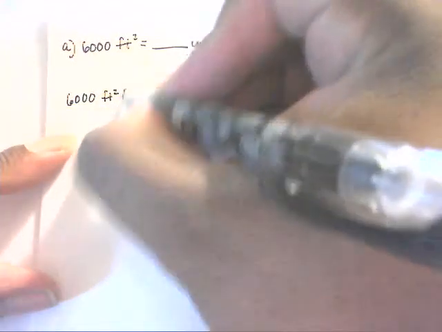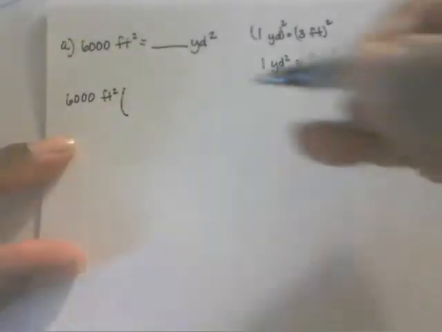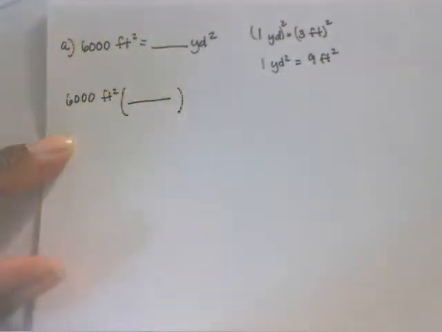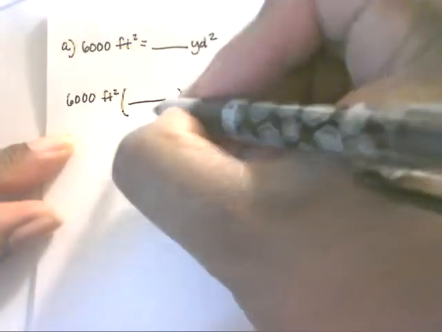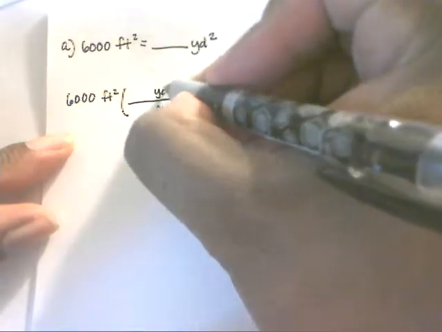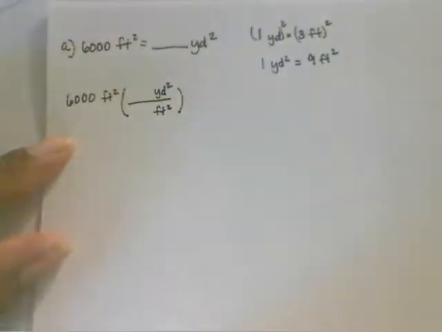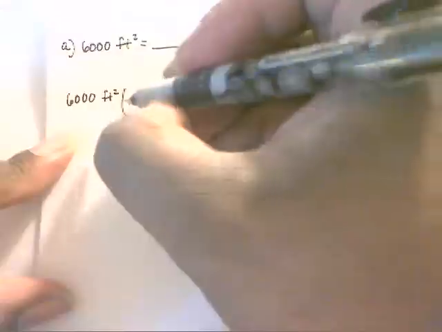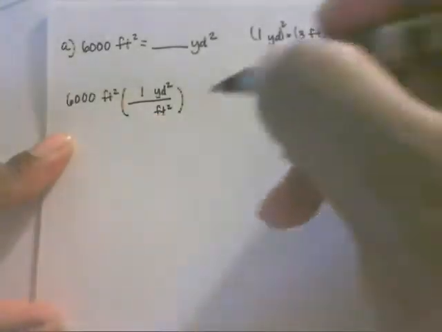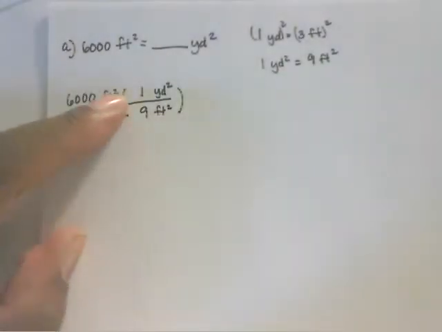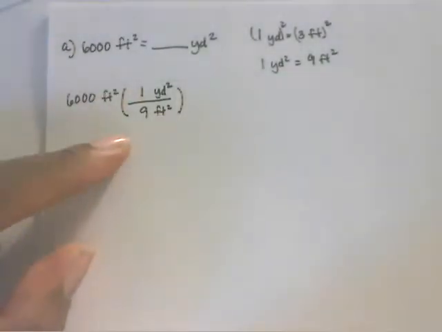In this case, I need to multiply. Now, I'm converting from square feet. So square feet goes in the denominator. I'm converting to square yards. So square yards goes in the numerator. So in this case here, 1 square yard is equal to 9 square feet. So the 9 goes with the square feet.